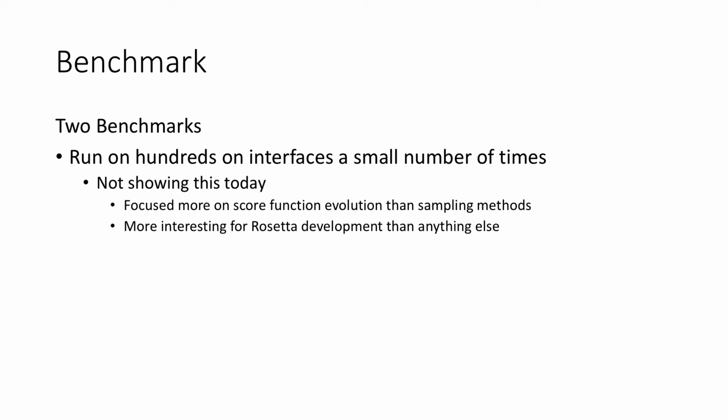And one of the reasons I'm not showing it today is that it's really more geared toward, if you think back to that timeline I showed at the beginning of all those Rosetta improvements, almost every year there's a major improvement in the Rosetta score function. And this benchmark wanted to test, how did protein design change as the score function changed? So that was one of the main purposes of this one.